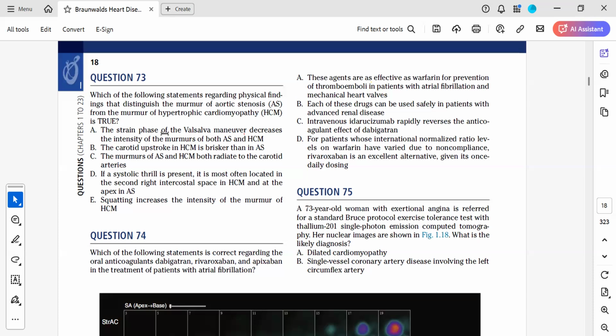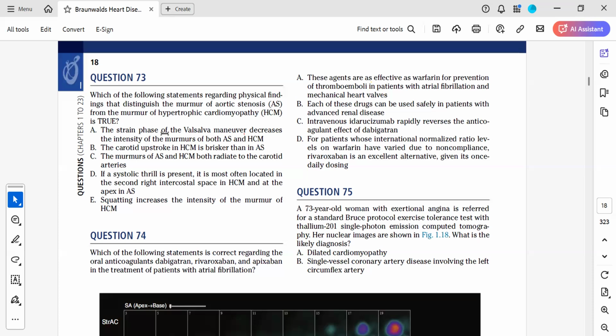For B, each of these drugs can be used safely in patients with advanced renal disease. This is also false, as we know that some of them, like rivaroxaban and dabigatran, have to be renal dosed.